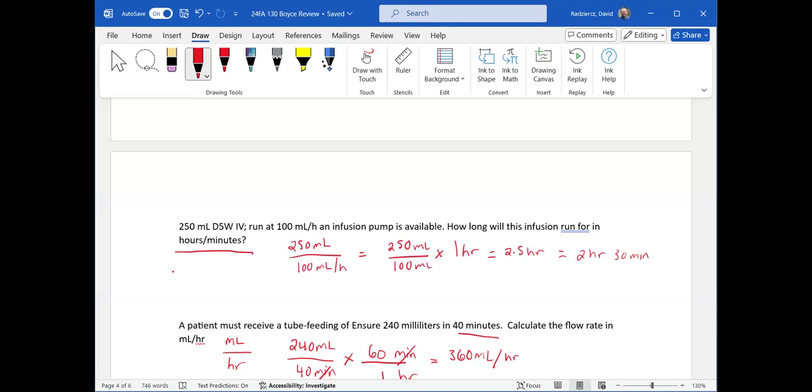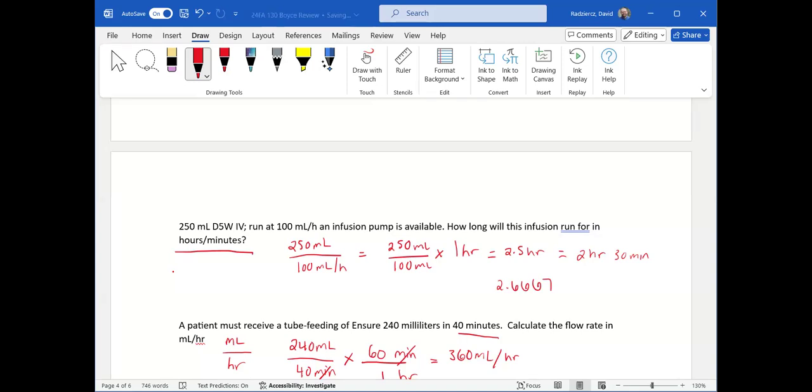If you got some sort of weird, funky answer, like let's say 2.6667, that just kept going on, what you would want to do is take that 0.6667 and multiply it by 60, and you'll actually get a whole number.